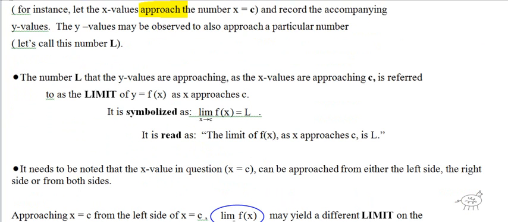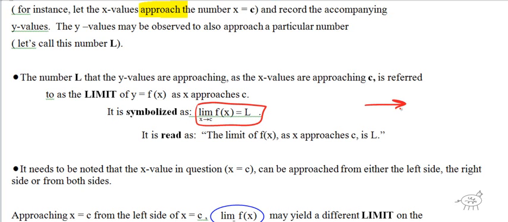This is what it looks like here. This is actually pretty important. That's called your limit, and it's read as the limit of f of x as x approaches c is L.